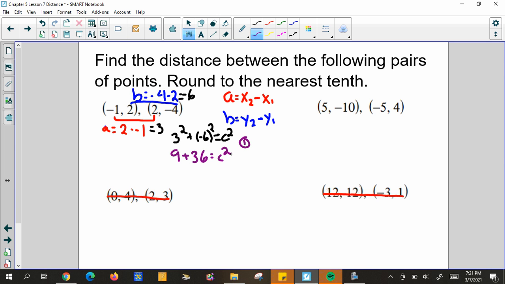So it really changes nothing in the grand scheme of what we're solving. 9 plus 36 is 45. And then the last step, we will find the square root.